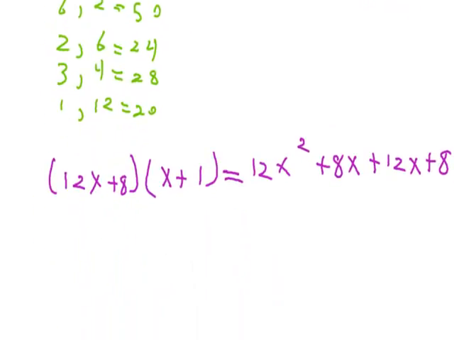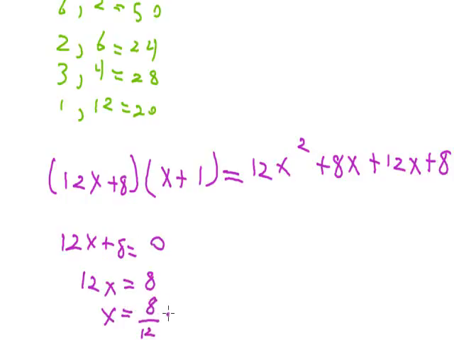But of course, we're not done, right? The question is, what values of x satisfy the equation that this equals 0? So we set each of these equal to 0, because of course 0 multiplied by some number is still 0. So 12x equals 8. So x equals 8 over 12.